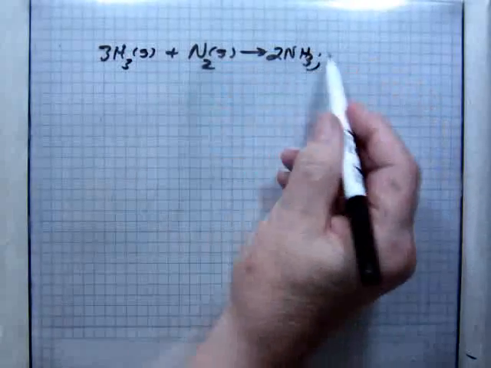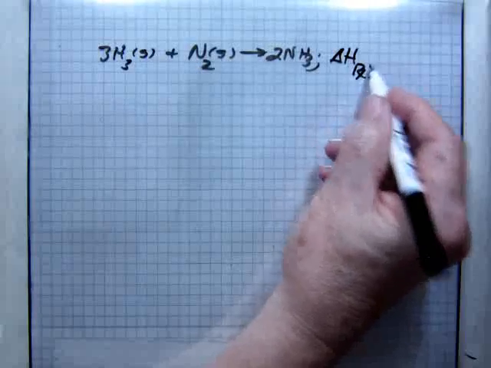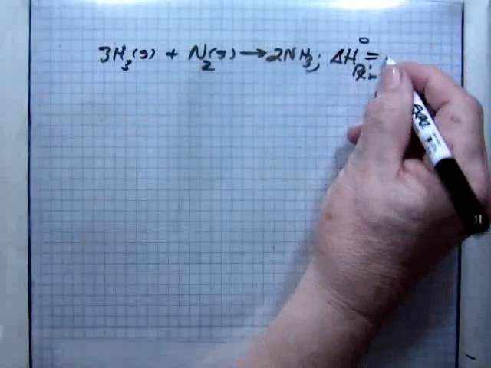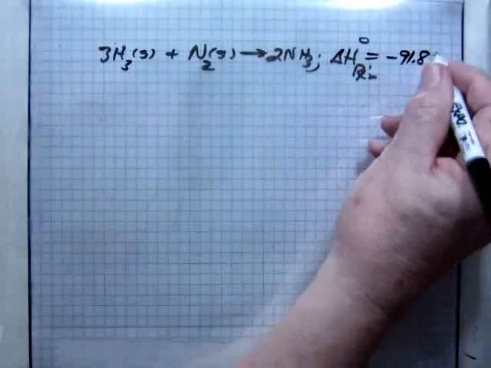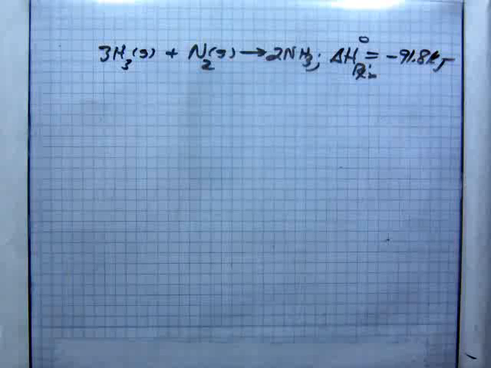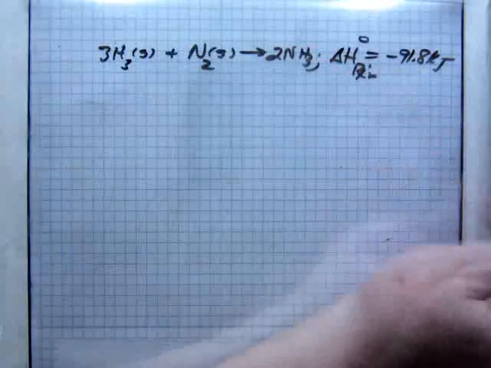And you'll see a semicolon, and you'll have a delta H reaction, which is enthalpy or heat of reaction. And on the end, it'll have a number. Delta H equals minus 91. Well, the negative in there indicates the reaction is exothermic.